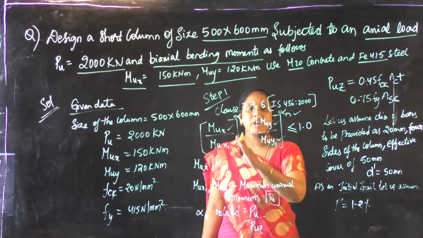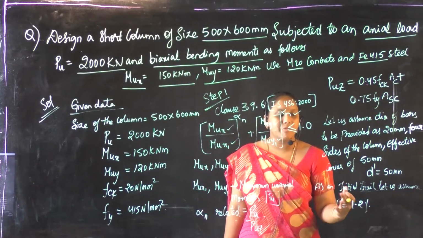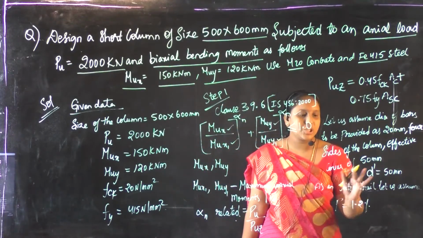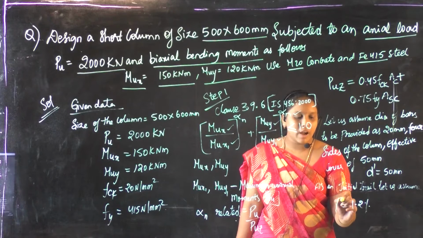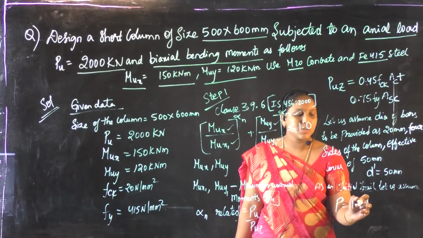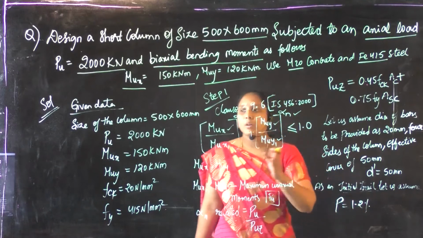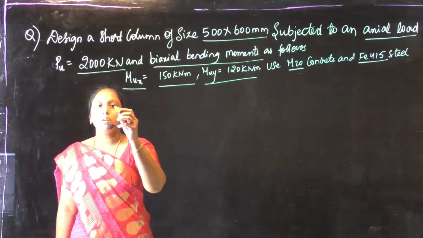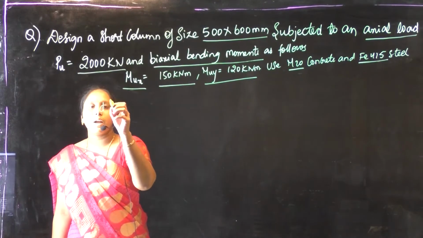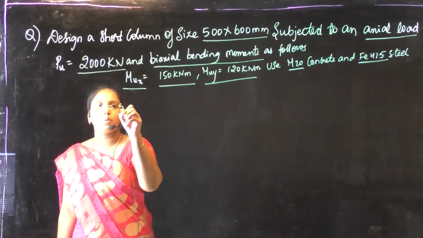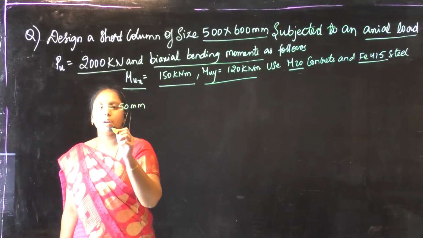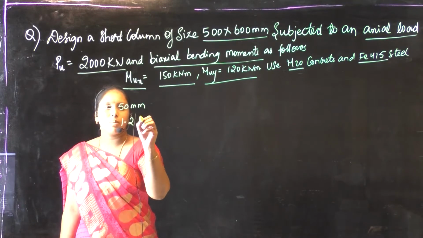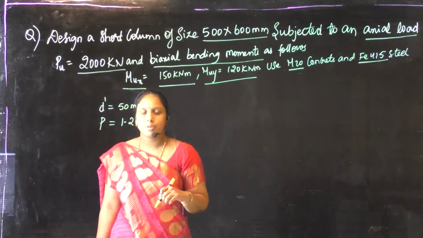If it is not satisfying this particular equation, then we have to go for other percentages of steel and repeat the process. So we have assumed the effective cover d dash as 50 mm, and as a first trial the percentage of steel p is assumed as 1.2%.